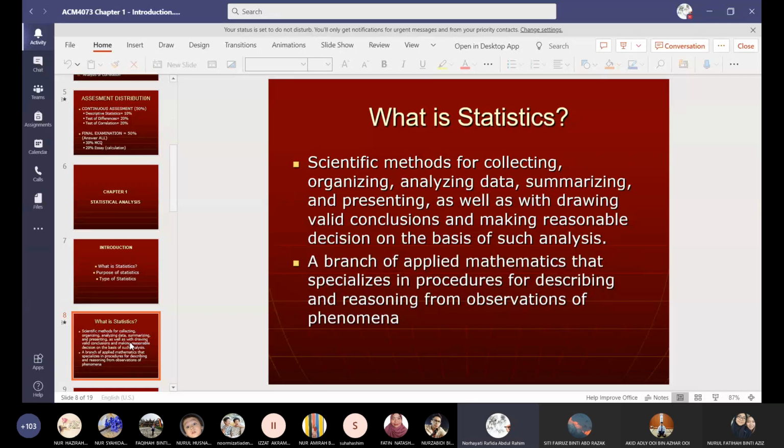We collect the data, then we organize. Organizing includes keying in data and identifying missing values. You will face respondents who did not answer every question.